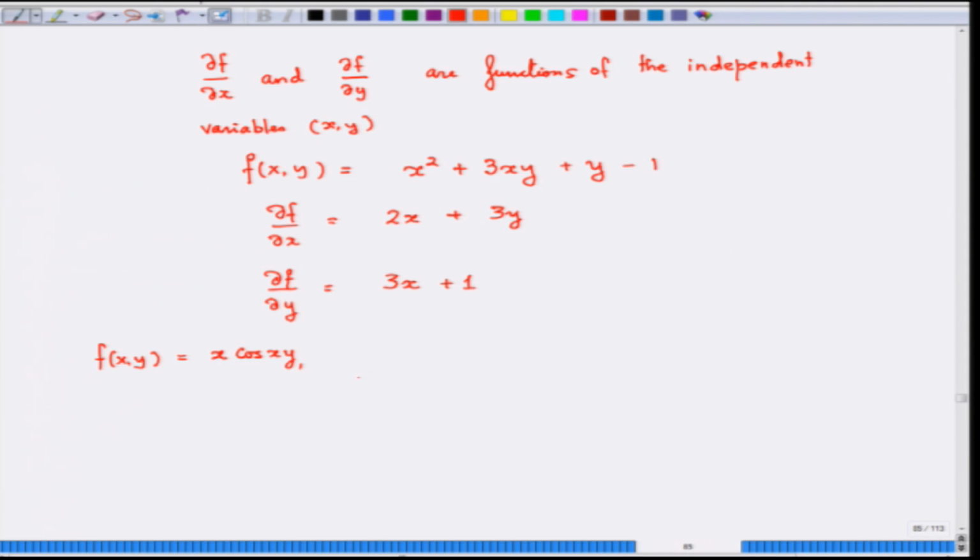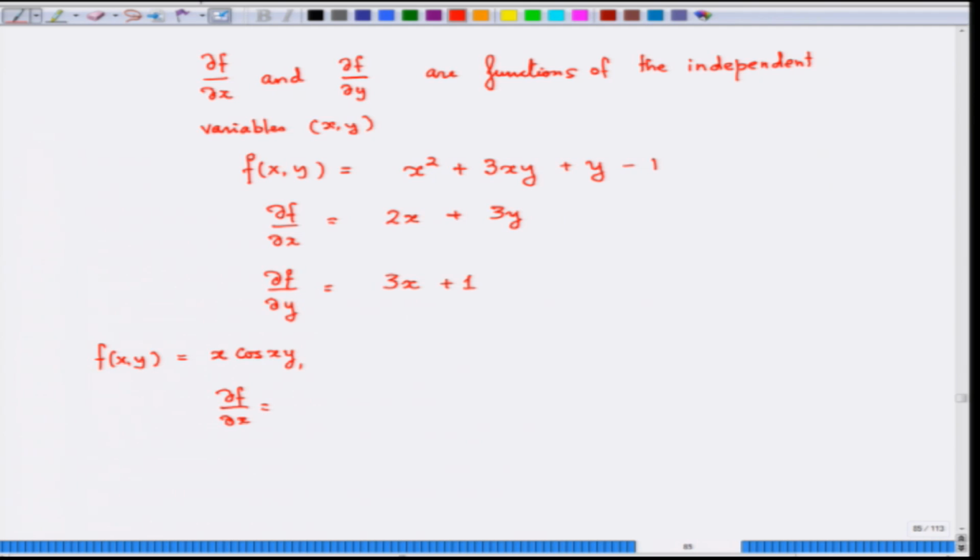So, if I want to find say del f del x here, how do I do it? Note this is a very complex situation, because you have x both here and in the function cos xy. So, you have to treat it as a product of two functions. y I am keeping fixed, you can put cos 2x, does not matter, and then you replace wherever the 2 comes with y.